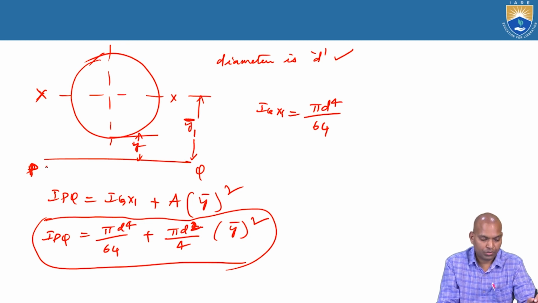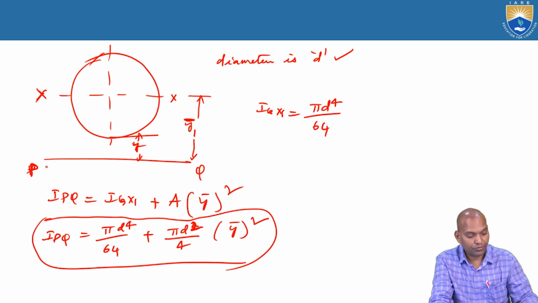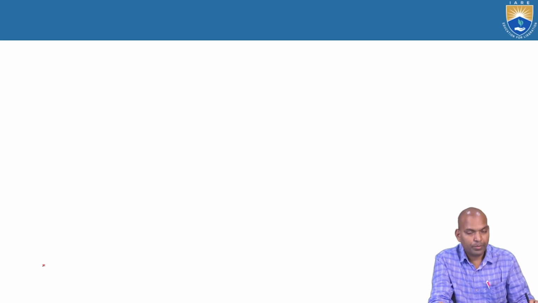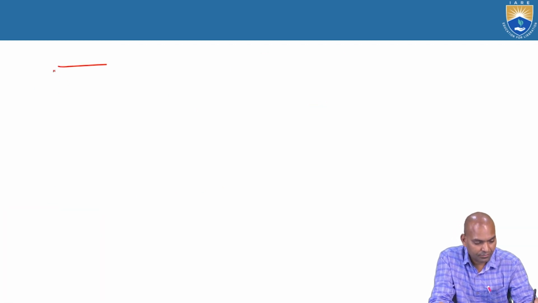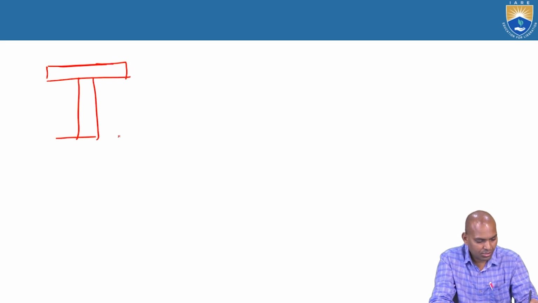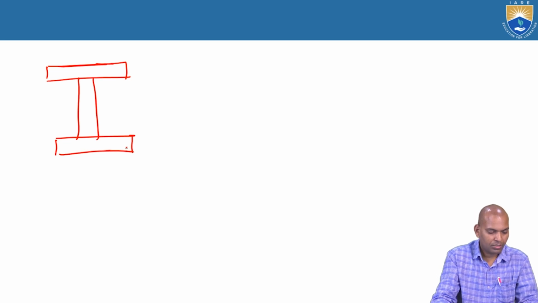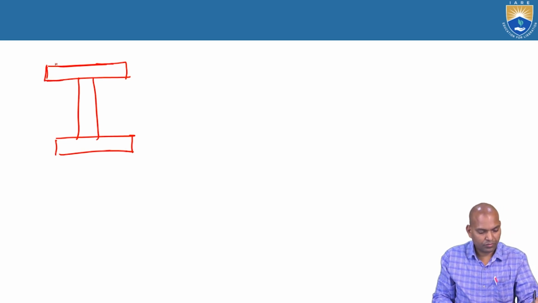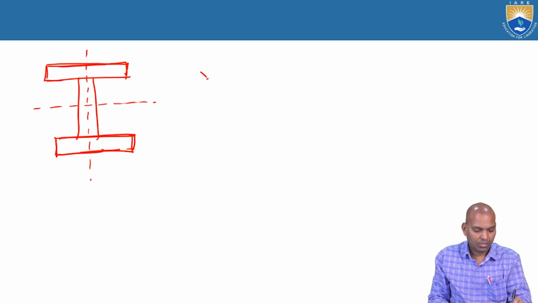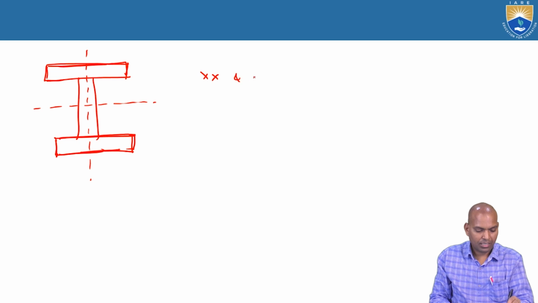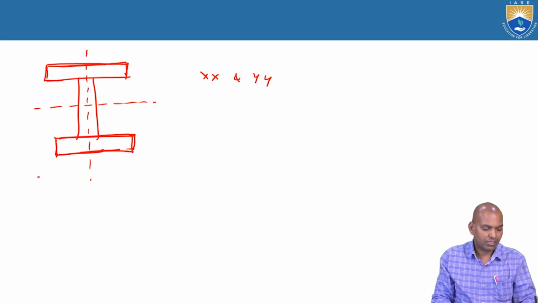All right. Suppose you have to consider the moment of inertia of an I section. This I section is symmetrical, with both width and depth the same. So it is symmetrical about both axis X and axis Y. It is a two-lines-of-symmetry section.